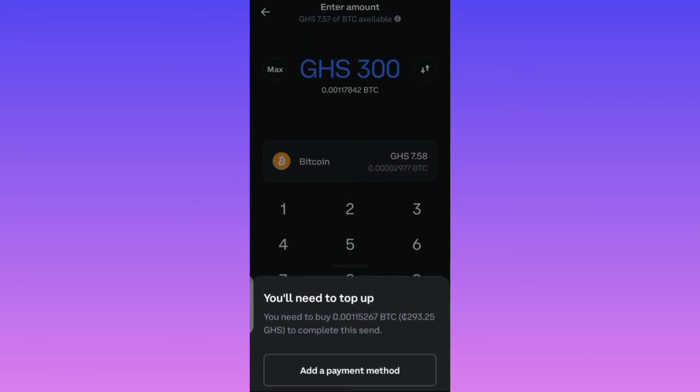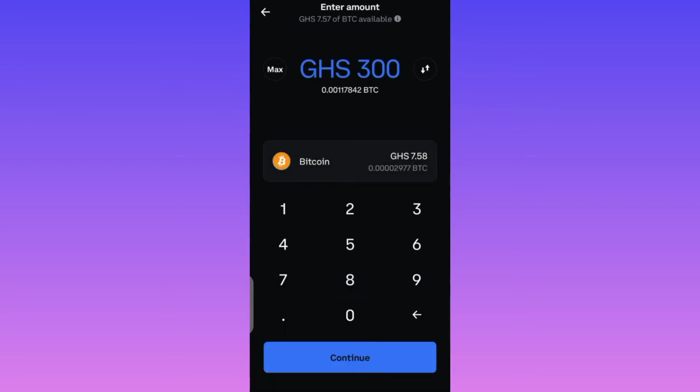Okay, right now I can't continue because the amount I have in my account is very little to do that transaction. So let's say I just want to send 3 cedis of Bitcoin, because I don't have enough money in my Coinbase wallet to do the real transaction. So now I'm sending 3 cedis. So let's see.